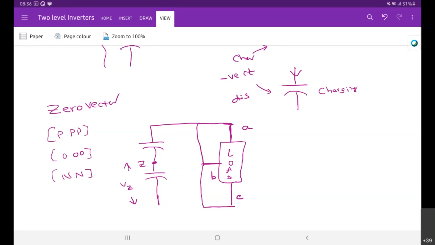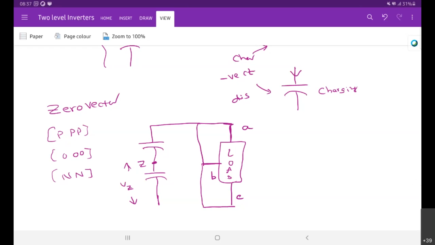Here, what is happening? Is it drawing any power from the source? No, it is not drawing any power, because there is no connection here. So the source is short circuited, and therefore its voltage is 0.